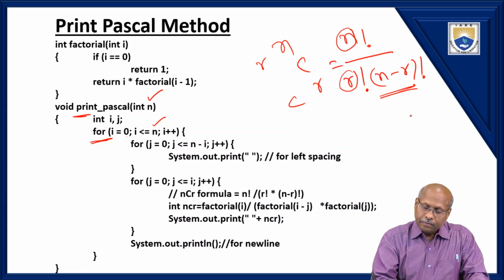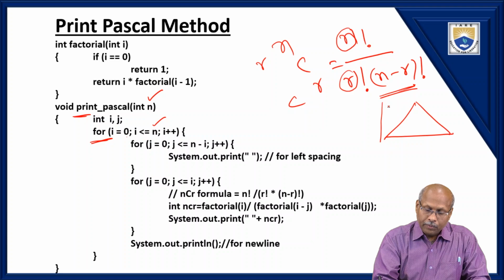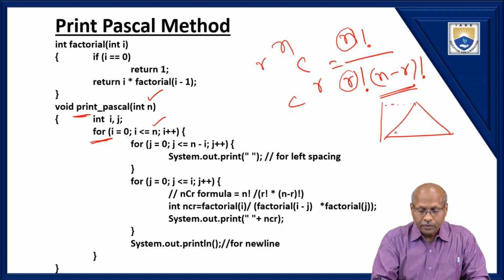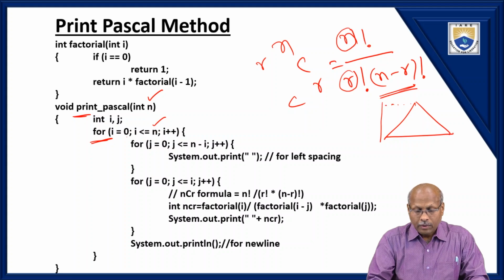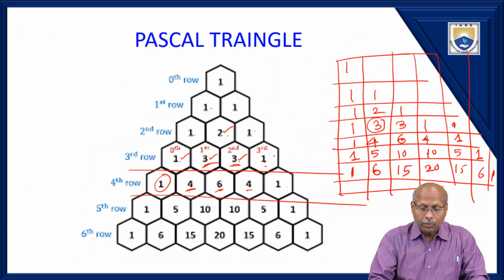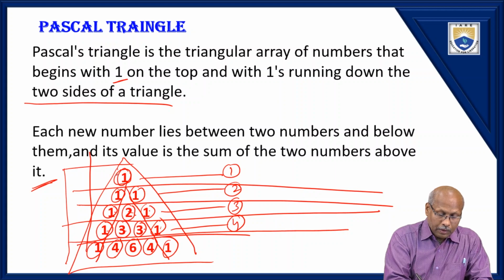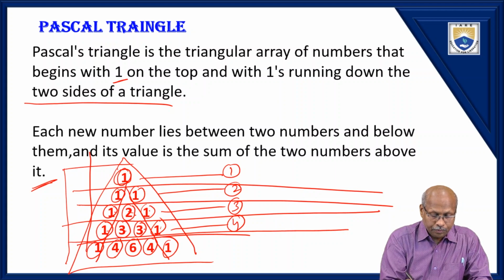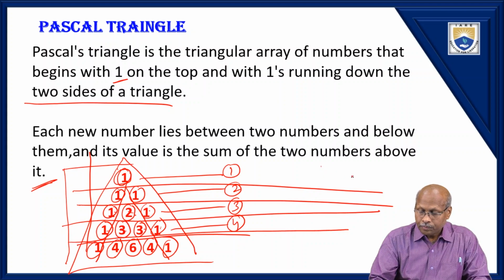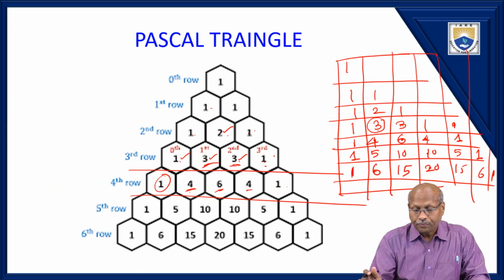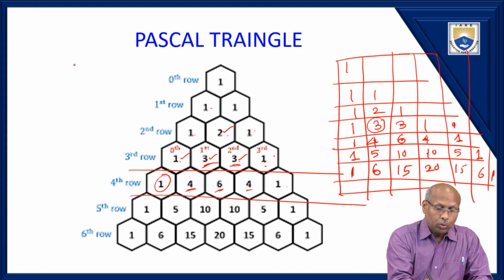And when you are printing, because the Pascal triangle follows a special pattern, how much gap? 1, 2, 3, 4, 5. If you observe here, this is 1 and 1.